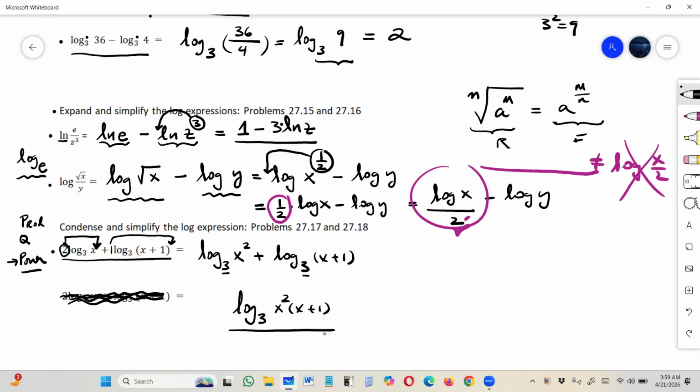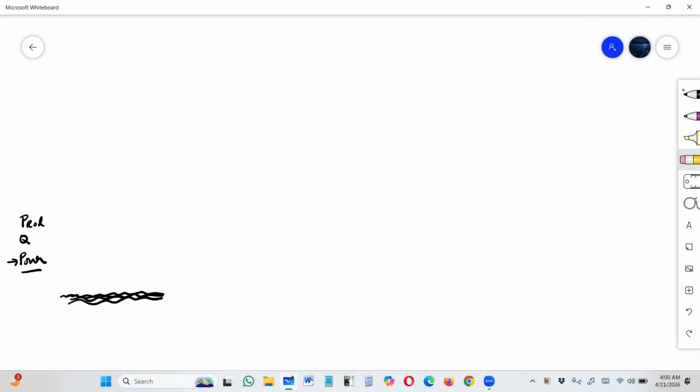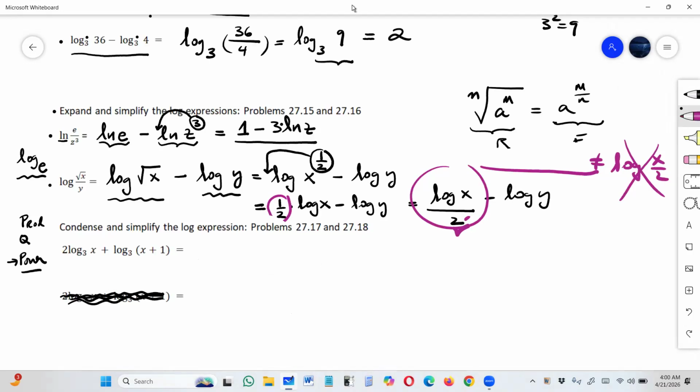Okay. Now, let's do a variation of this. Let's pretend for a moment that I had a 3 here and maybe a minus.